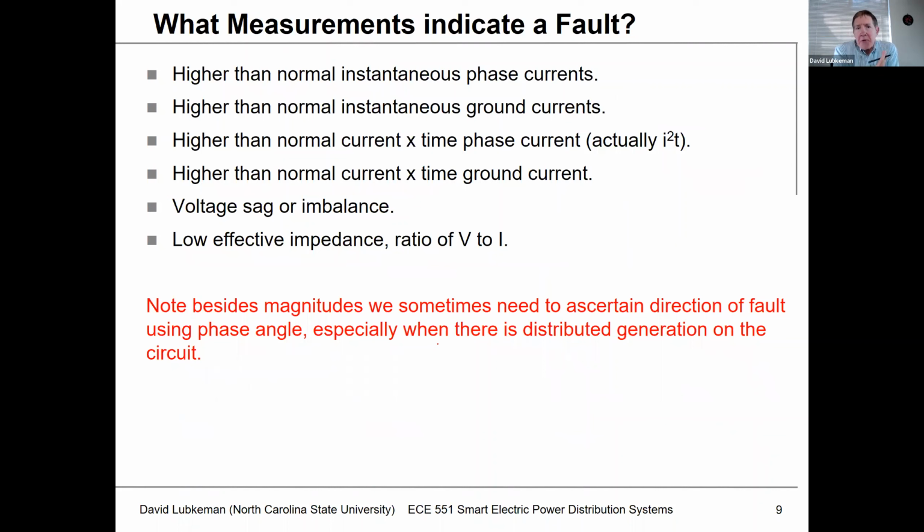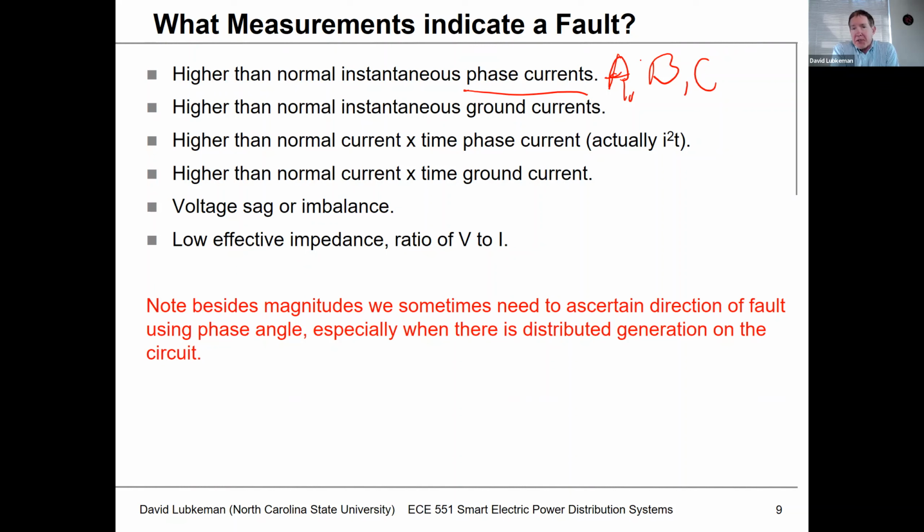Now, how will we know there's a fault out there? Well, the obvious thing to look at would be the current levels. We'd be looking at the phase currents, the phase A, B, and C currents, say at the top of the feeder circuit. We could look at the instantaneous change in the current.